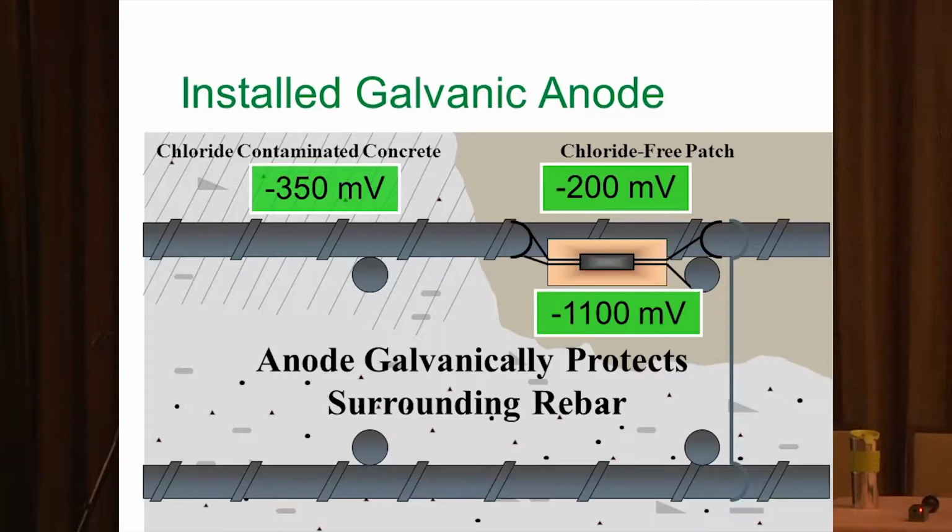You can connect this anode to the reinforcing steel, and it provides a current to the steel outside that patch, basically protecting it. The majority of the DOTs are using these actively, and it's proven technology that has worked very, very well for the last 15 years.